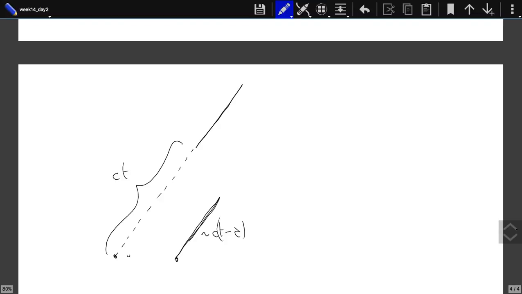Okay, I need some volunteers. I need two volunteers. Now we are at time t, okay? Now here's the initial electric field that I created.